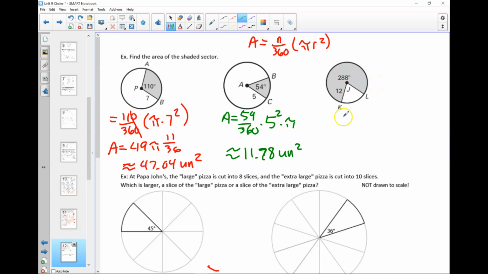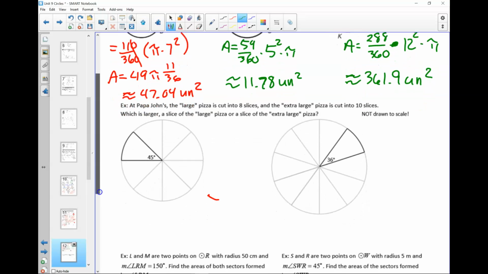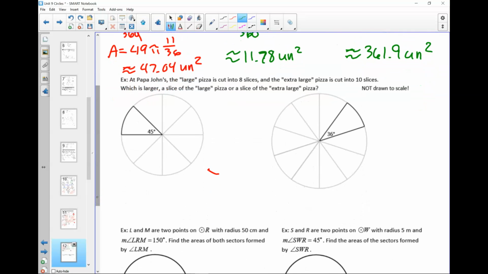The whole shaded region is 288 degrees over 360 times 12 squared times pi. Multiplying that out, we get approximately 361.9 units squared. Okay, again, read the directions. Make sure it wants the answer rounded, or if it wants it in exact form using pi.